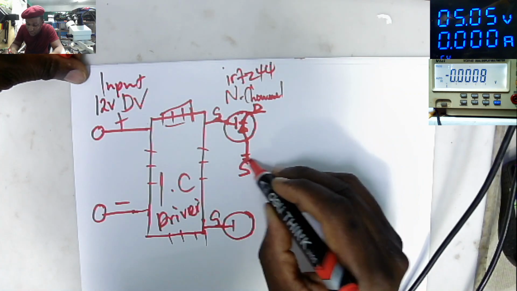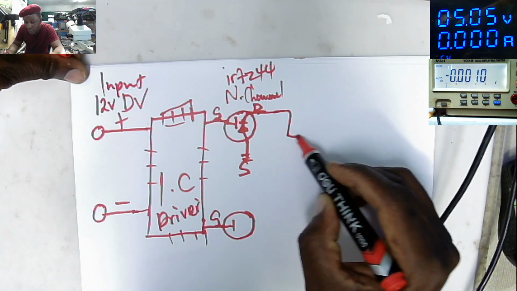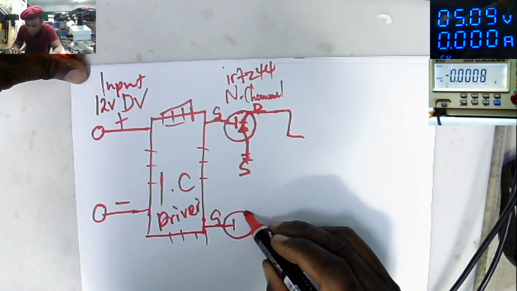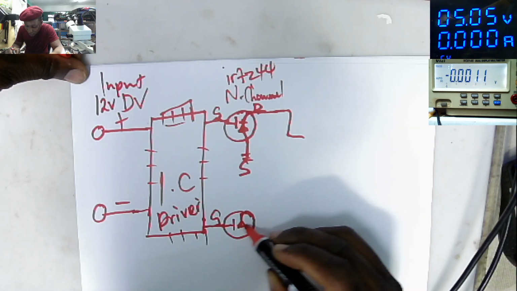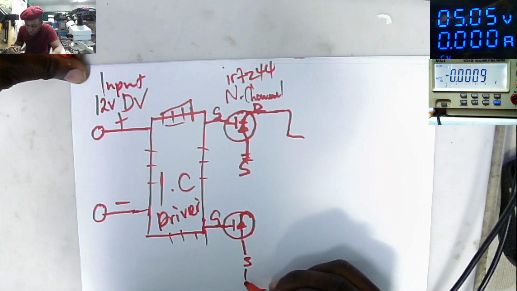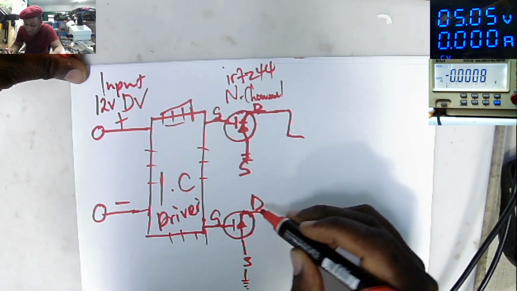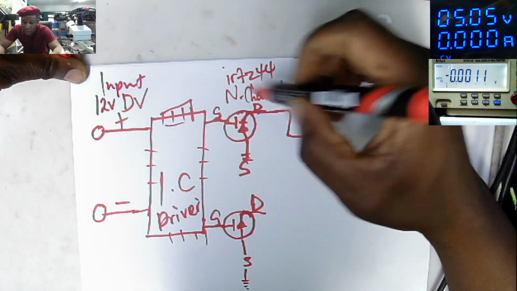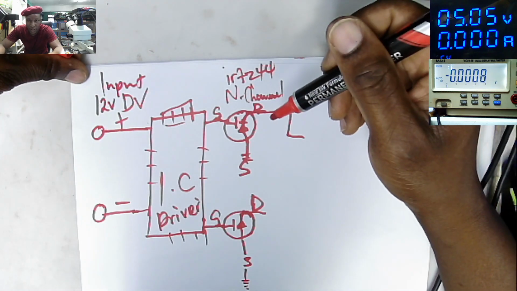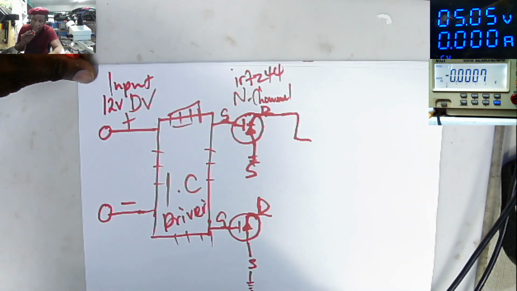Source is going to ground, and the drain, I will show you where the drain is going. And here we have the same configuration. That's our MOSFET. We have a source which is connected to ground, and our gate, our drain. So on a MOSFET we have gate, drain and source, and on a transistor we have base, collector, emitter. That's clear, okay?